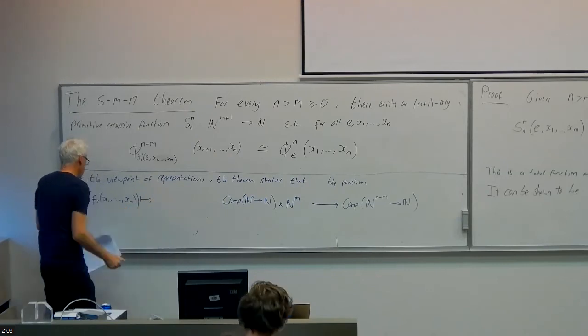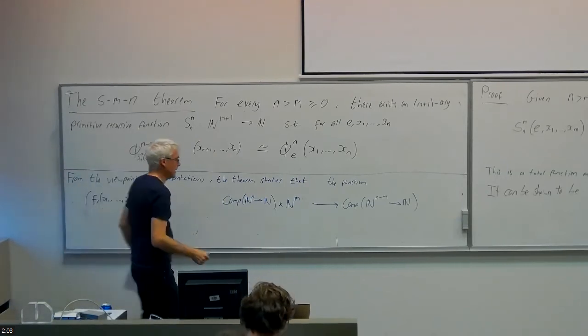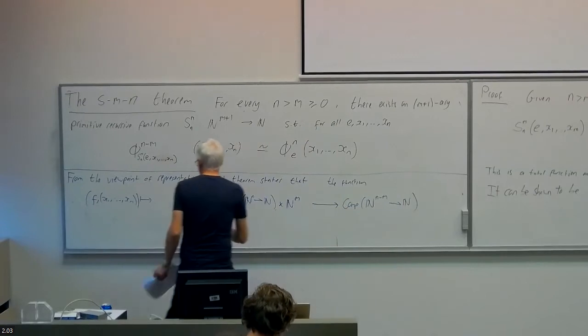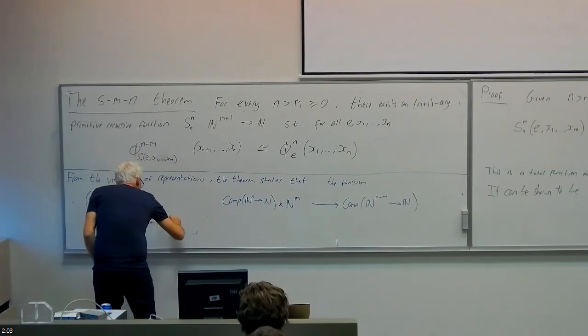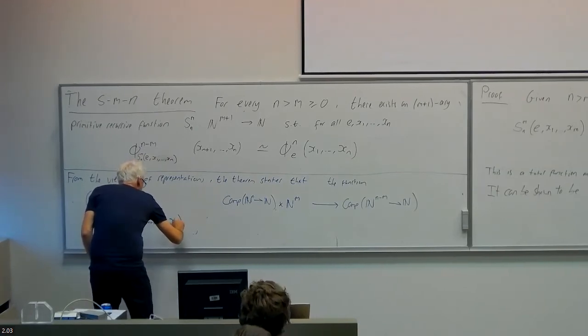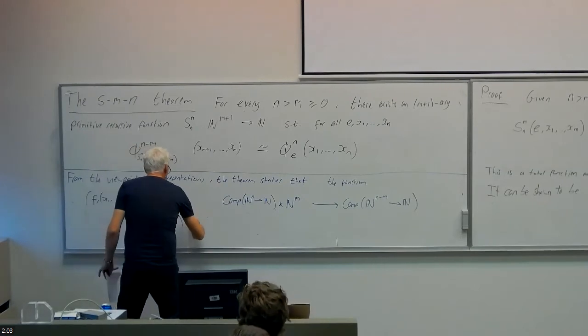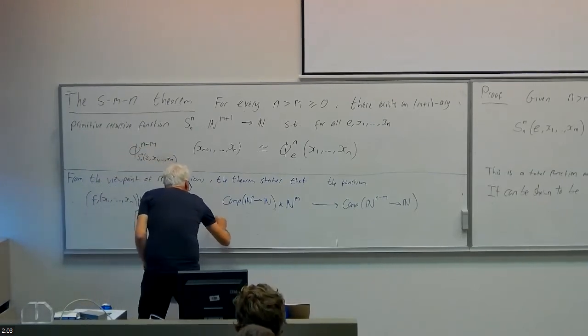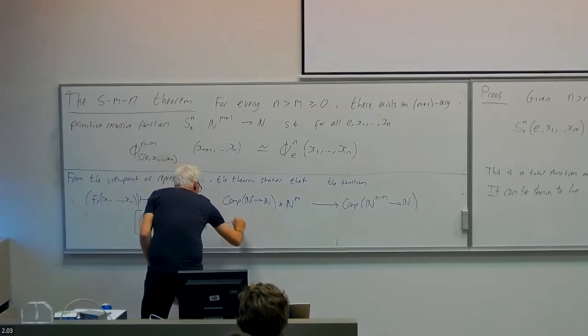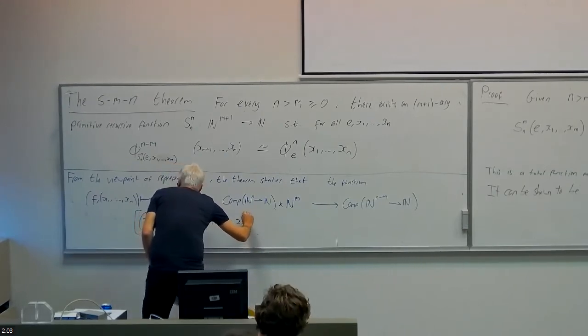And it returns the n minus m argument function that takes n minus m arguments, numbered from m plus 1 up to xn, and maps those to f applied to all the n arguments collectively together. Okay.